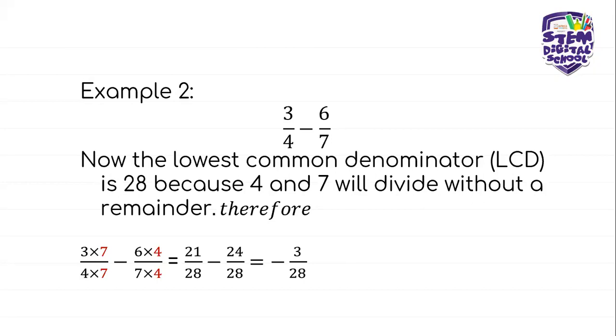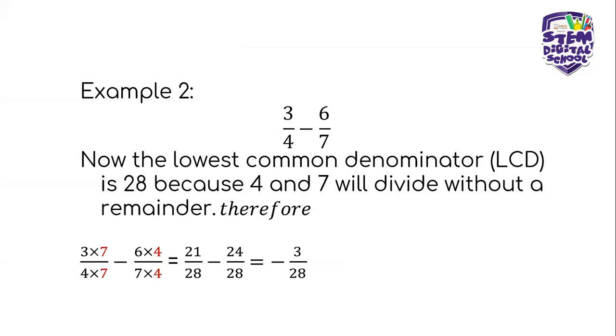And in this case, we have identified that number as 28. Some people may ask, but how do you get this 28? As I said earlier on, you can simply multiply the two denominators. If you multiply 4 by 7, you get 28.